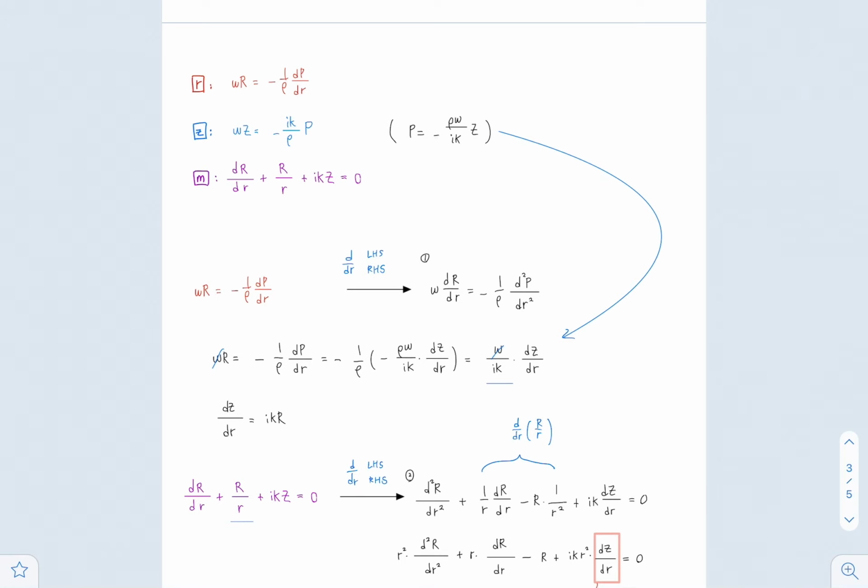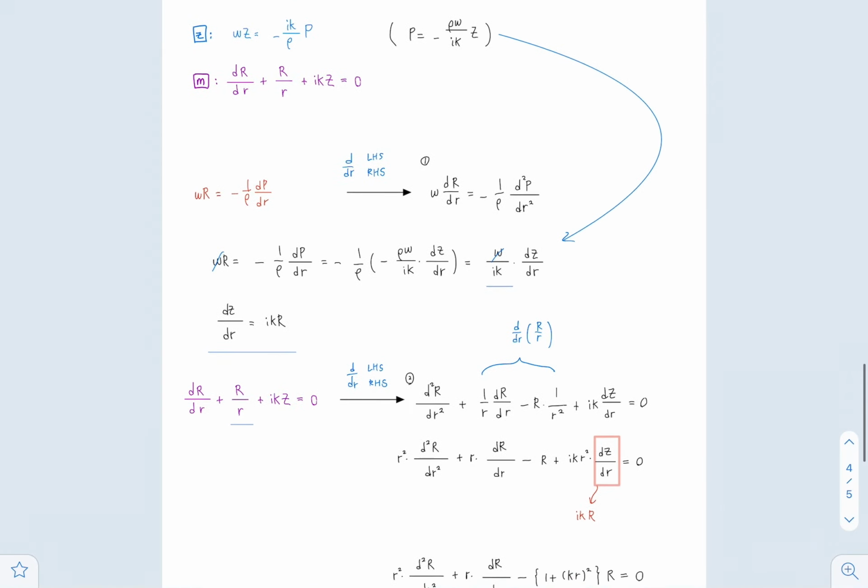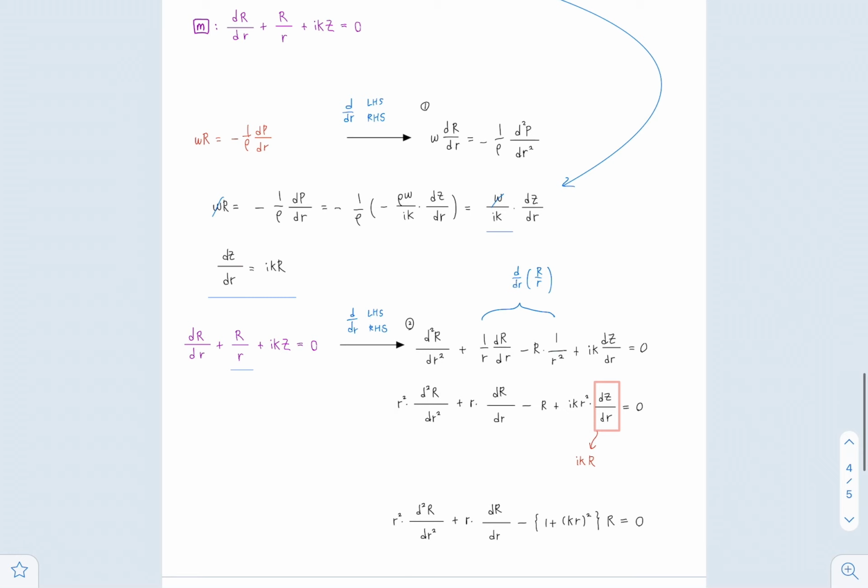Okay, so what else can we do? Well, we see this dz dr term here, right? And what is dz dr? Right, we know from our first relationship that dz dr is simply ikr. Okay, so we can now finally get rid of this annoying z term. Therefore, if we plug in everything, we are going to get this final equation, this final relationship.